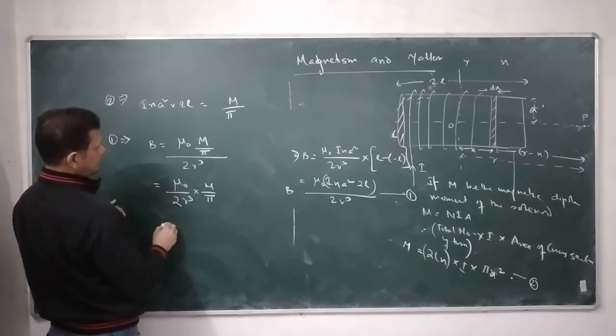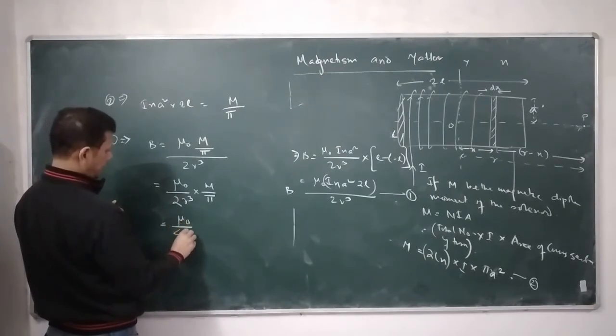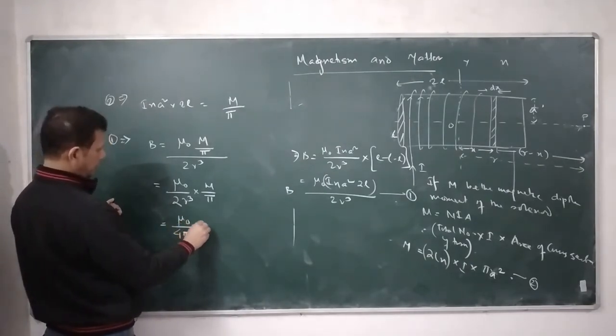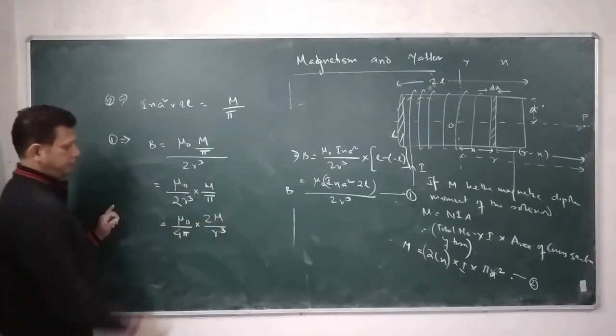You can write this equation as μ₀ by 4π into 2M by r³.